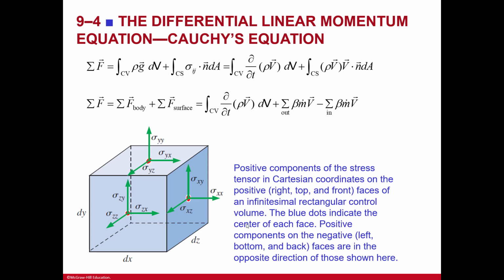The red dots indicate the center of each face. Positive components on the negative, left, bottom, and back faces are in the opposite direction of those shown here. And look, this is supposed to say red.